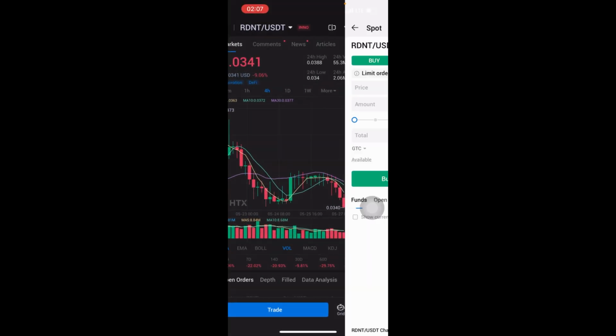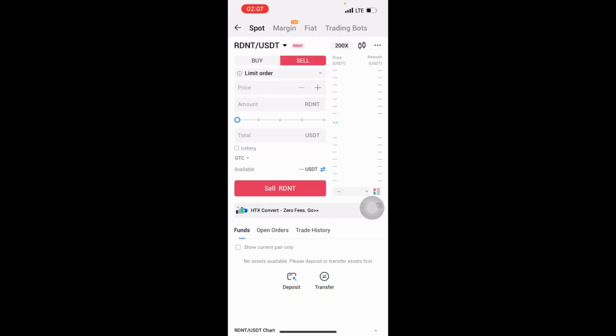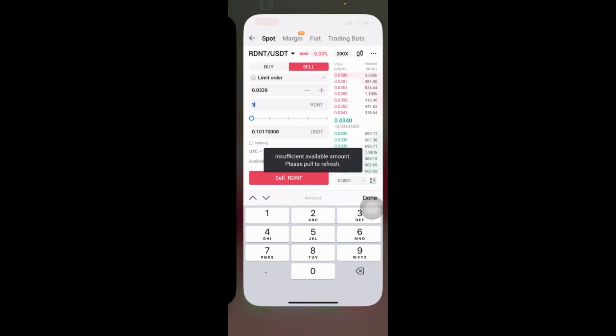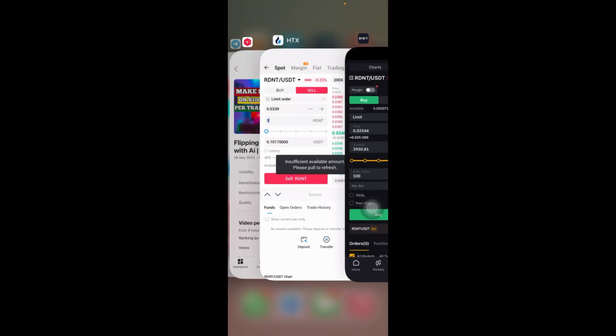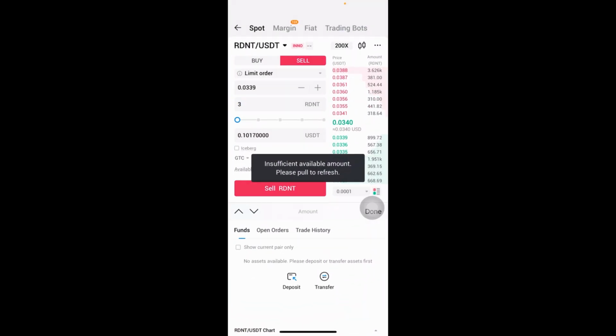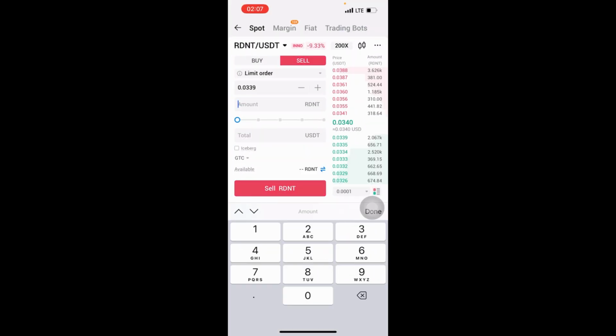If I come here to sell and enter 3,930, I'm getting $33 profit on this. So imagine if I buy it from Bybit and sell it here, I'm earning $33 per trade.